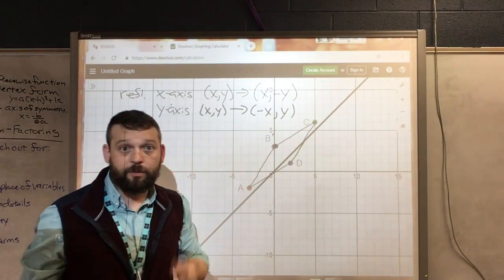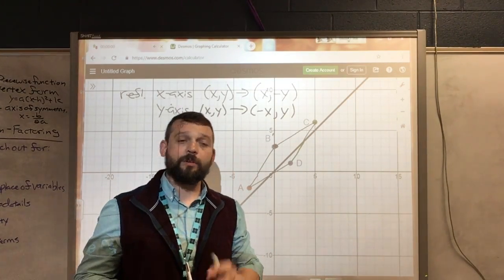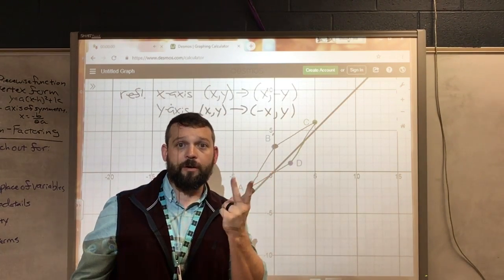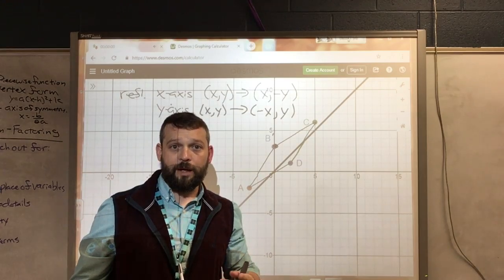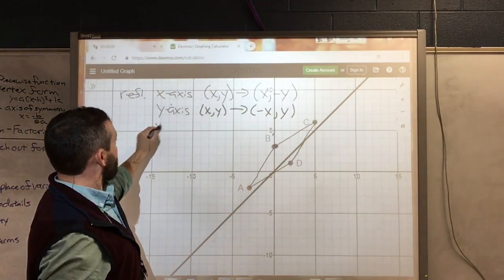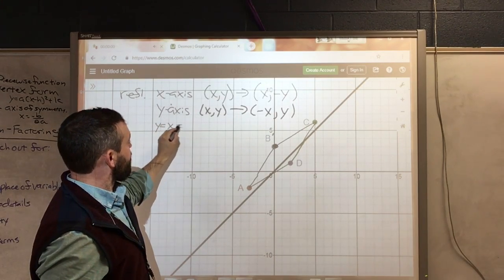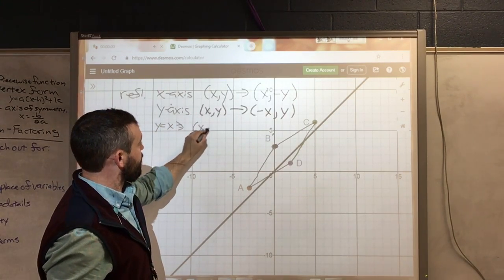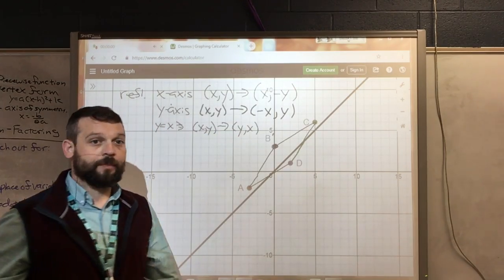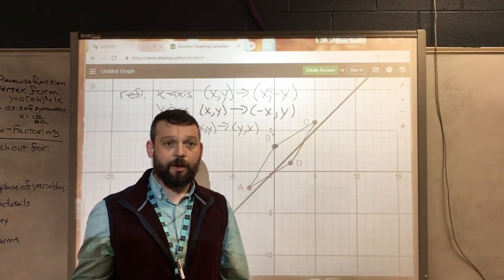So to go back to that y equals x line, what we're going to do is take each coordinate of our pre-image and reverse the x and y. So here's what it's going to look like. Every point's going to get swapped.